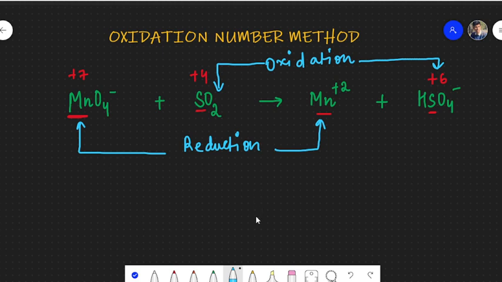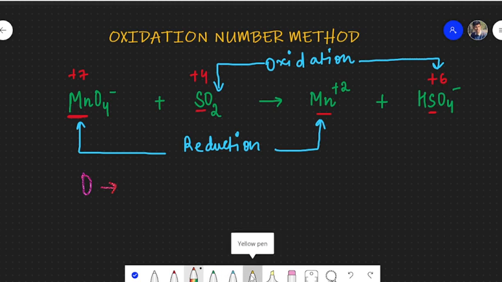In step number 3, we need to identify how many electrons have been lost or gained in this process of oxidation and reduction. In oxidation, you can clearly see sulfur earlier was +4 and now sulfur is +6.